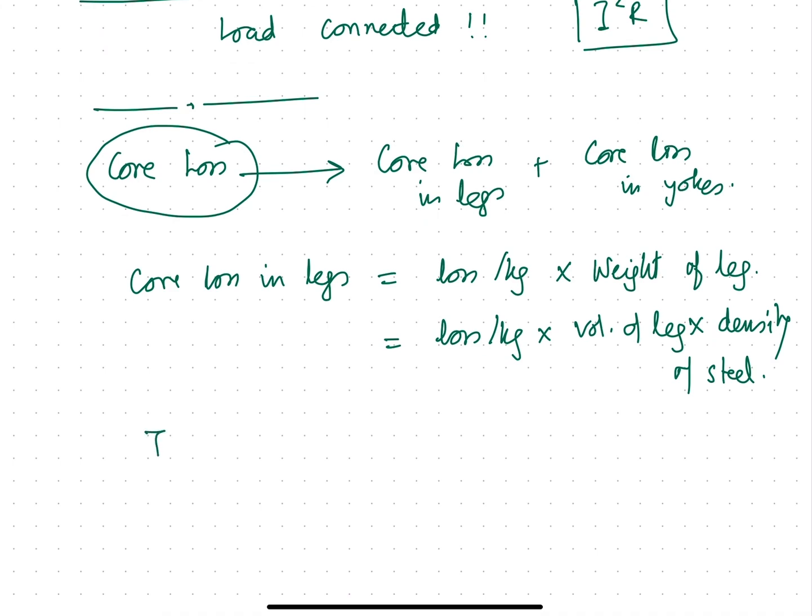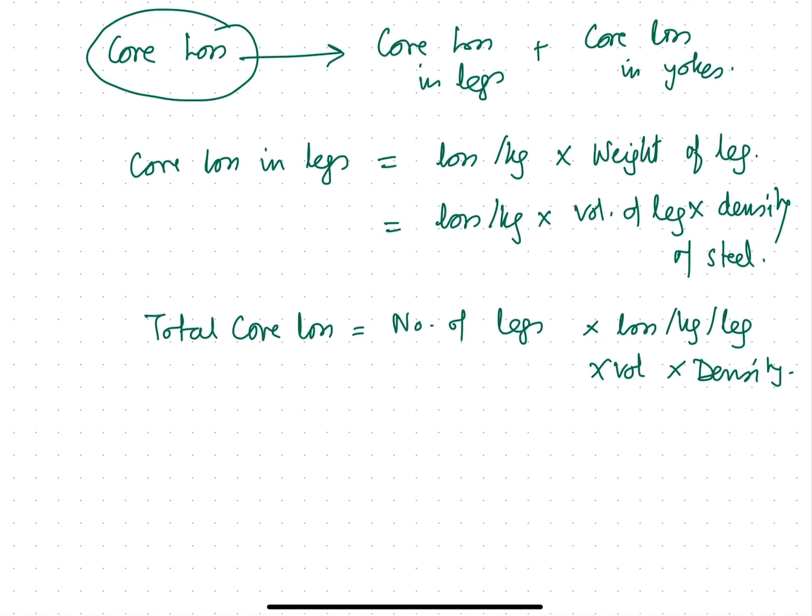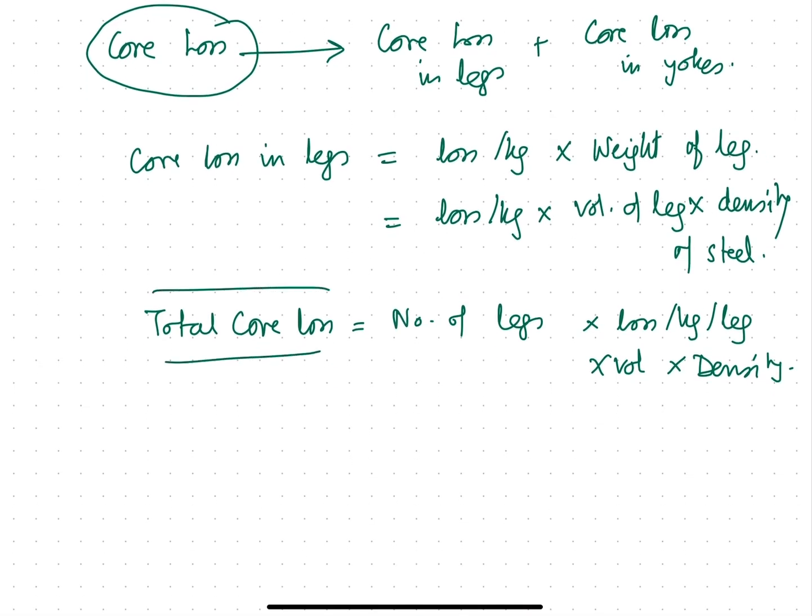So the total core loss is equal to the number of legs times loss per kg per leg times volume times density. This is the total core loss in the legs.